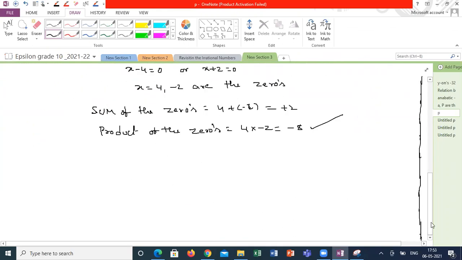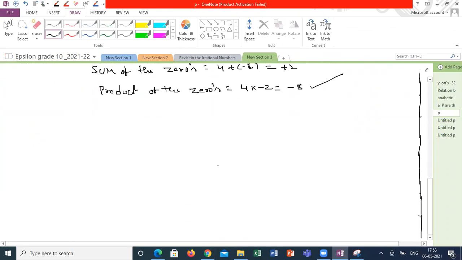We have a method: by seeing the equation I can view the relation between zeros. Suppose ax square plus bx plus c is a polynomial with zeros alpha comma beta, then alpha plus beta equals minus b by a, alpha into beta equals c by a. The given quadratic polynomial is x square minus 2x minus 8.